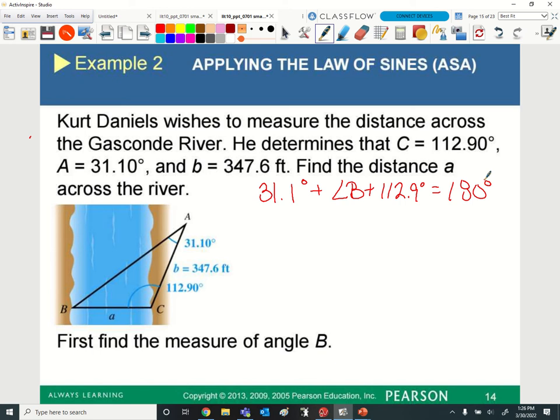You take 180 and subtract 31.1, and then subtract 112.9, and what is left over is angle B, which gives me 36 degrees. Is that what I heard? Okay, good.